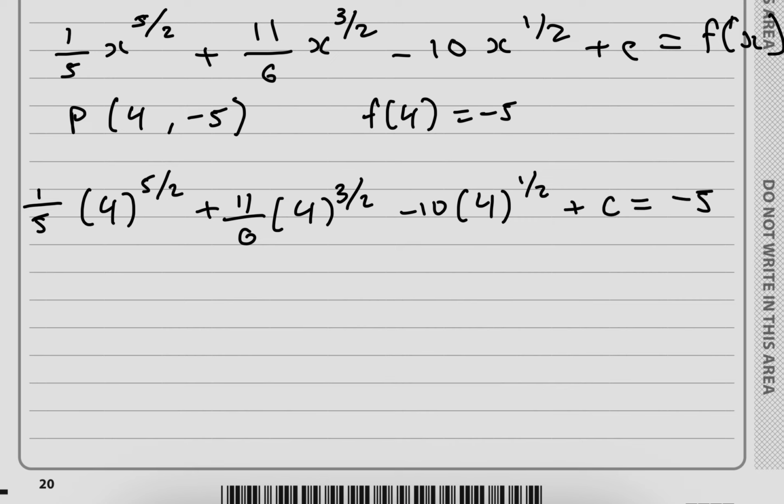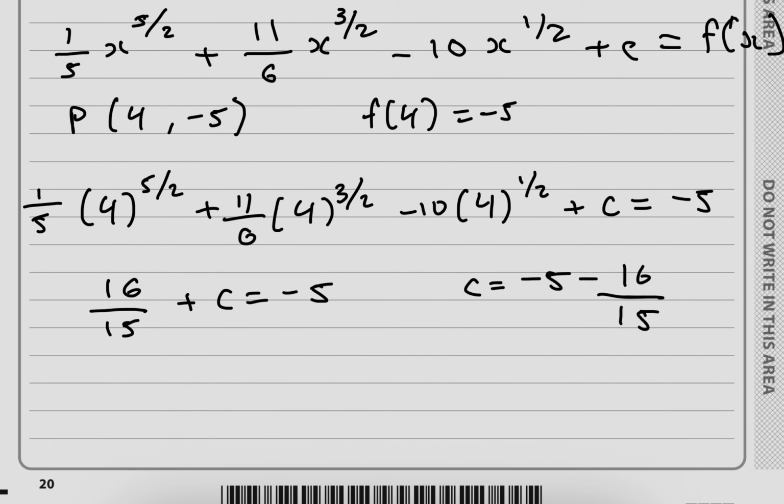I put it all into my calculator. I've solved it to be 16 over 15 plus c is equal to minus 5. So c has got to be equal to minus 5 minus 16 over 15. Hence, c is equal to minus 91 over 15.